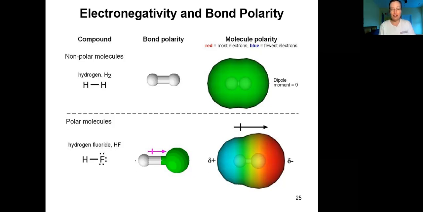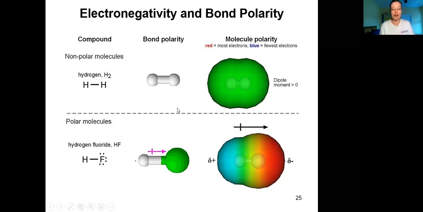They will share electrons with themselves equally because they have identical electronegativities and size. And the electrons then will be spread out around those two atoms equally. And in terms of having a dipole, where there's a positive side and a negative side, these guys have zero. The dipole moment equals zero.